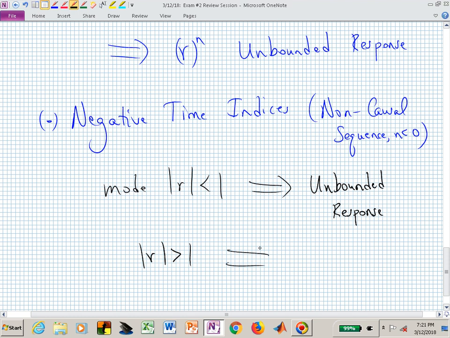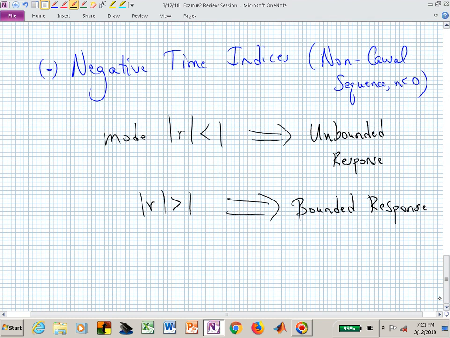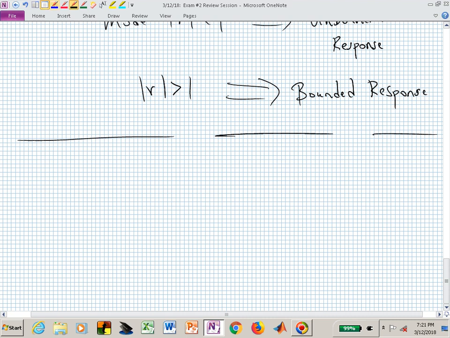If I'm interested in a bounded response, this gives me a bounded response. That's how you can now quickly try to decide what's going on with region of convergence, time indices or interval of support, and bounded and unbounded behavior of the waveform.